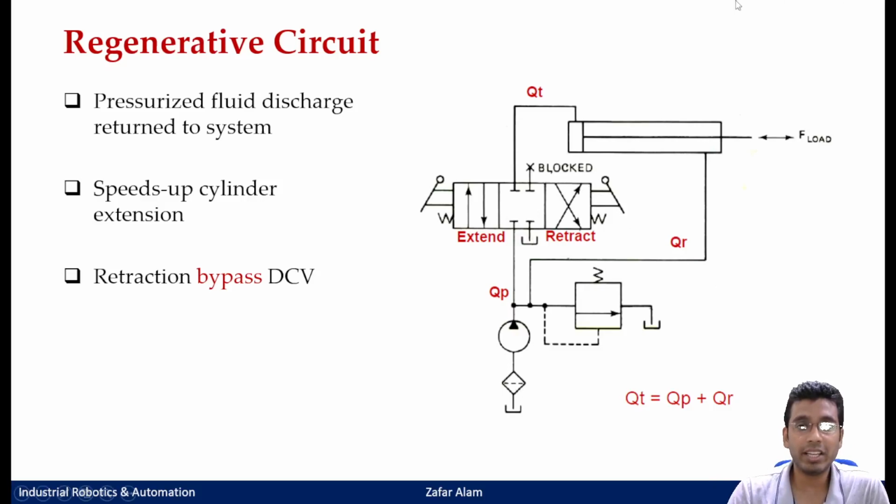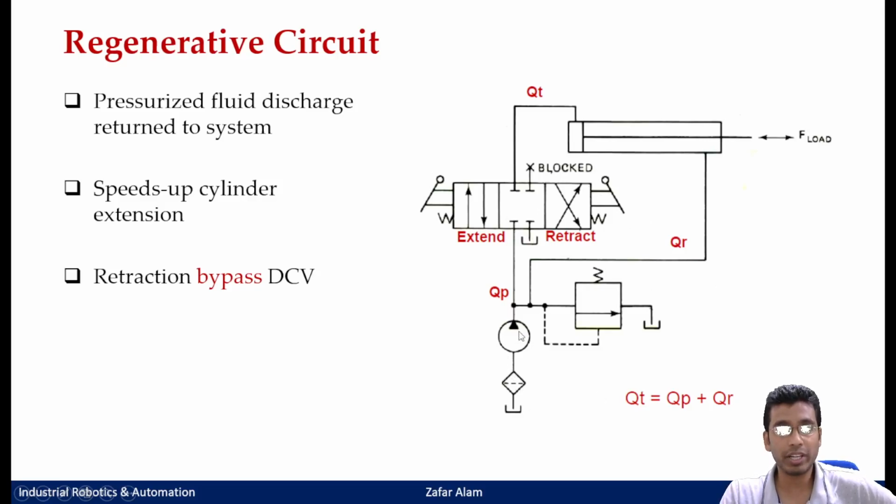So area is the area of this piston, into the velocity at which it extends. So area into velocity will be your flow rate. If you can increase the flow rate, that is the liquid entering from this side, and your area is constant, that means your velocity would increase.